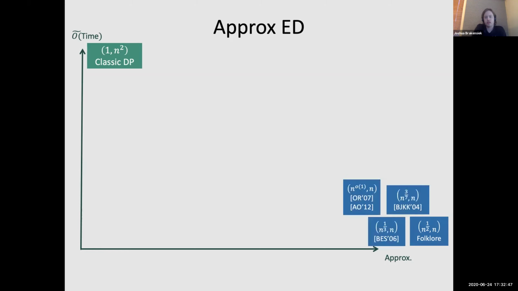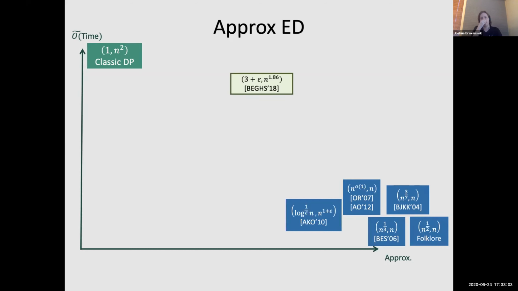This was steadily improved to a sub-polynomial approximation in linear time, a polylogarithmic approximation in near linear time. And then most recently, in the last few years, a breakthrough in getting constant factor approximation of edit distance in subquadratic time. First a quantum algorithm by VGHS, then another classical algorithm by CDGKS.